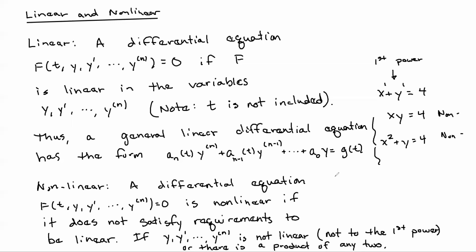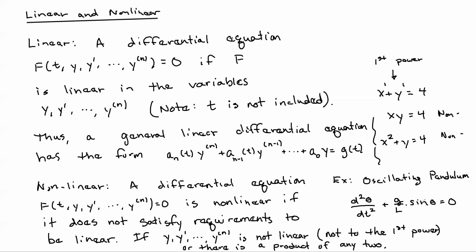An example: the oscillating pendulum problem is a classic example. The oscillating pendulum equation is given by d squared theta dt squared plus g over L times sine theta equals 0.